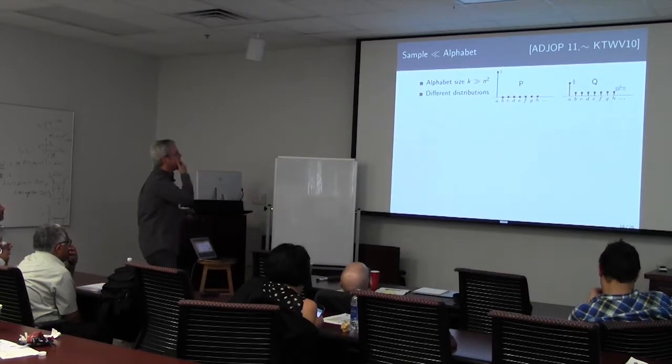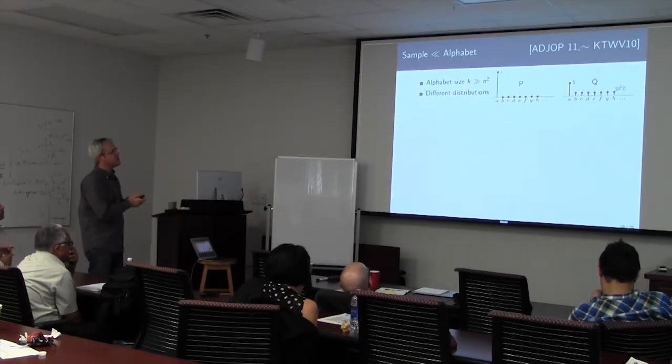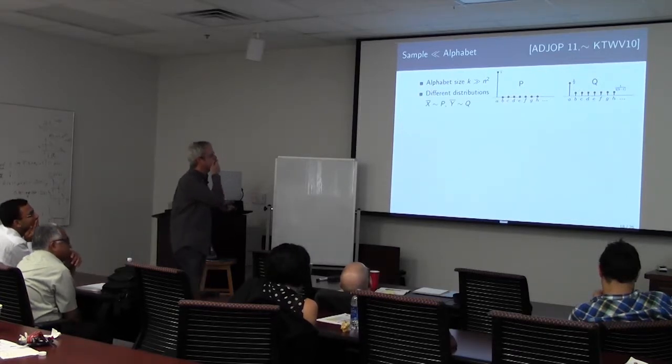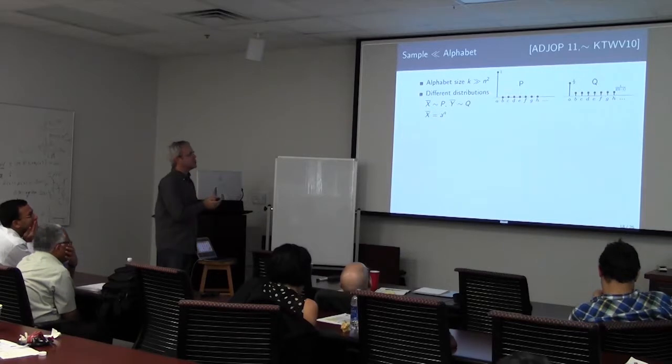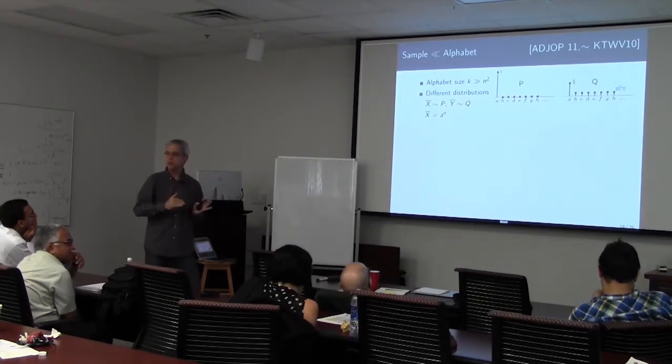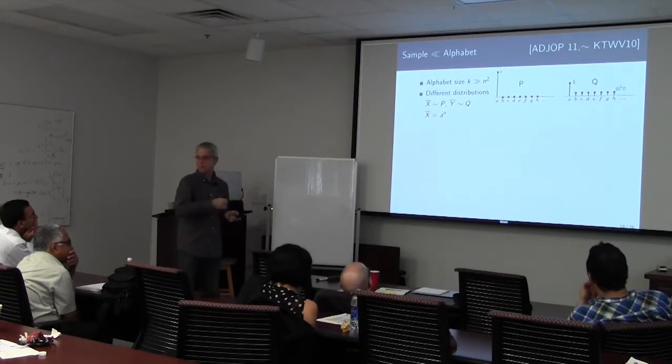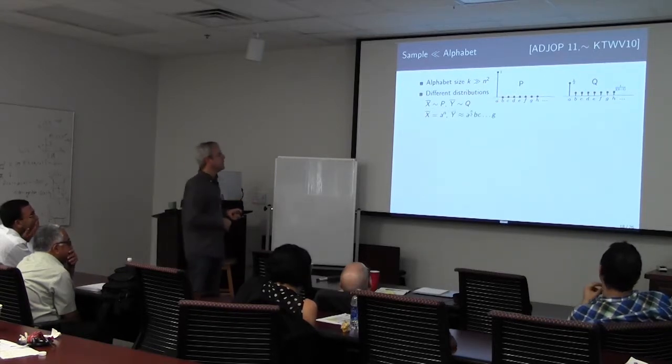Okay? So let's see what happens when we generate the 2 sequences, one according to P and one according to Q. All right. So X we generate according to P, we'll just get A to the n, there's no question, right? P always gives us A, so we generate n samples, we get A repeated n times.